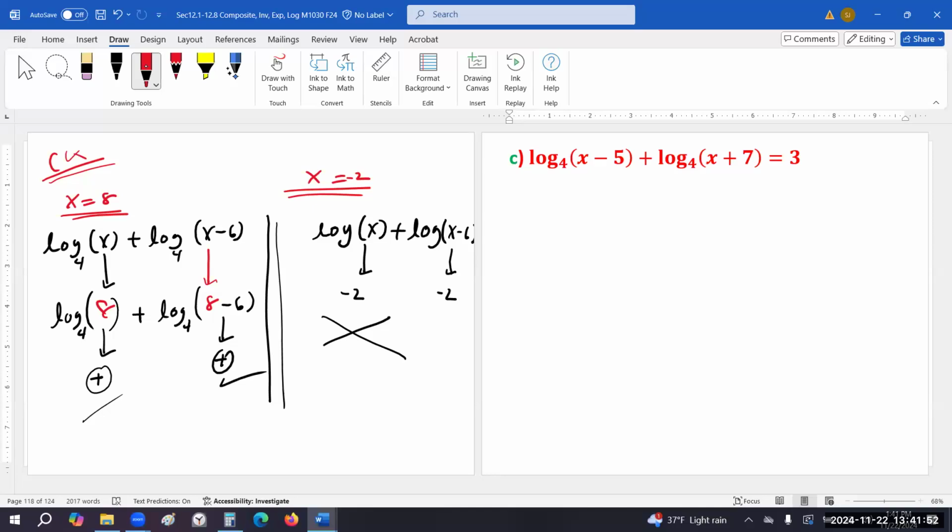So one more. It's the same as the second scenario. Two logs on one side and a number on the other side. And then we have a third scenario. So for log, we have this scenario. For exponential, we had 5 scenarios.